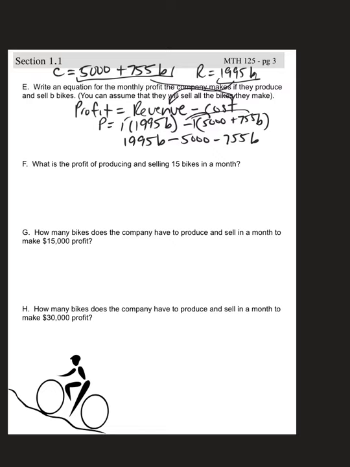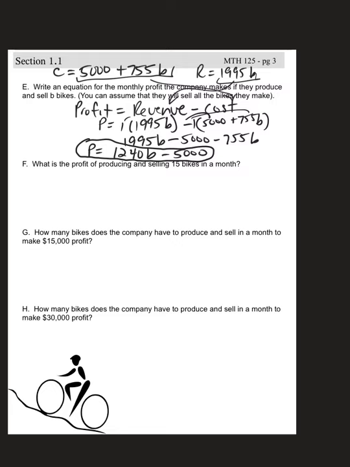I do have some like terms I can combine here. The 1995B take away the 755B will give me a formula of 1,240B minus 5,000. So for every bike we sell, if we plug that number into this formula, we will know actually how much the company is making or losing depending on how many bikes they've sold.